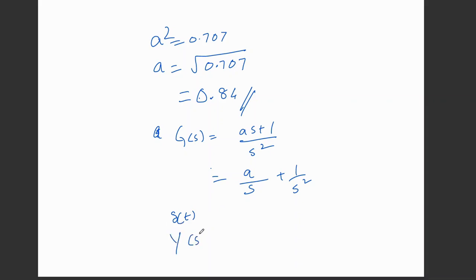The output when input is del of t, the Laplace transform of del of t is 1. So Y of s is G of s into 1. So it is a by s plus 1 by s square. Inverse Laplace transform is y of t equal to a u of t plus 1 by s squared, which is t u of t.